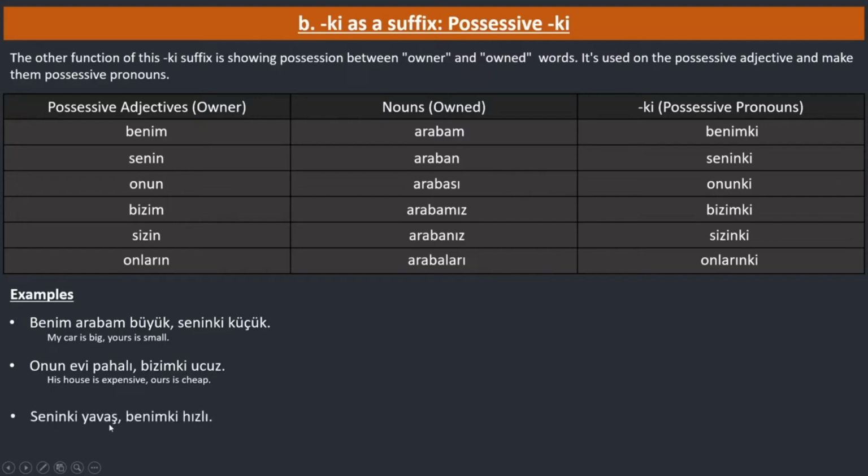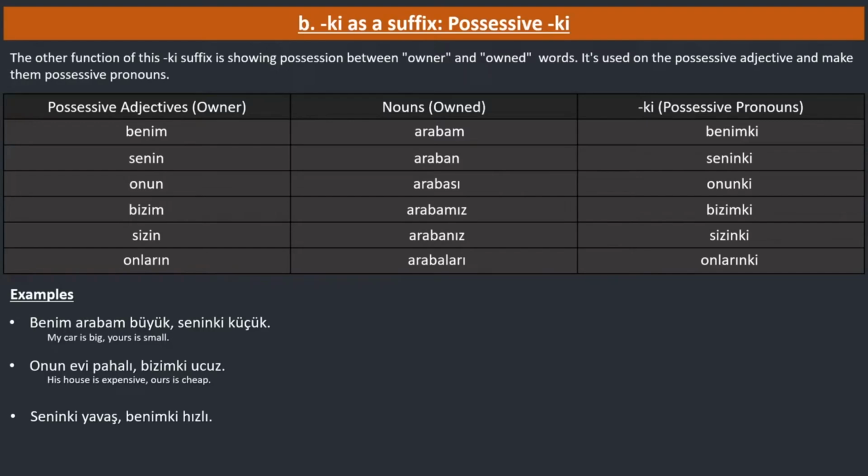Seninki yavaş, benimki hızlı. This time the object is not mentioned, but this is just an example from a dialogue, so it has to be mentioned somewhere before. When I say seninki or benimki, the person must know what I'm talking about. So if it's not mentioned in the sentence, you shouldn't use this.